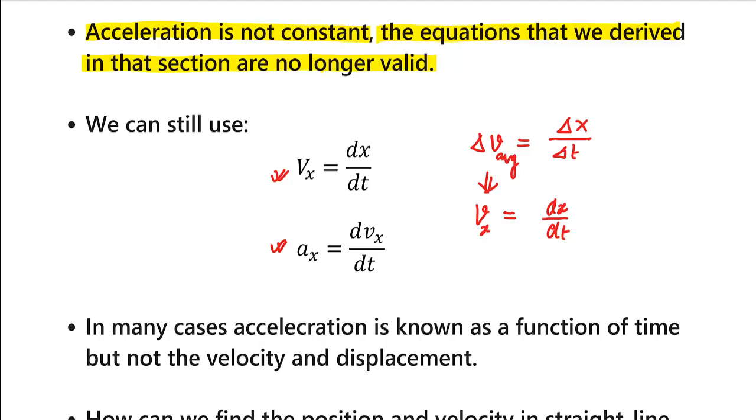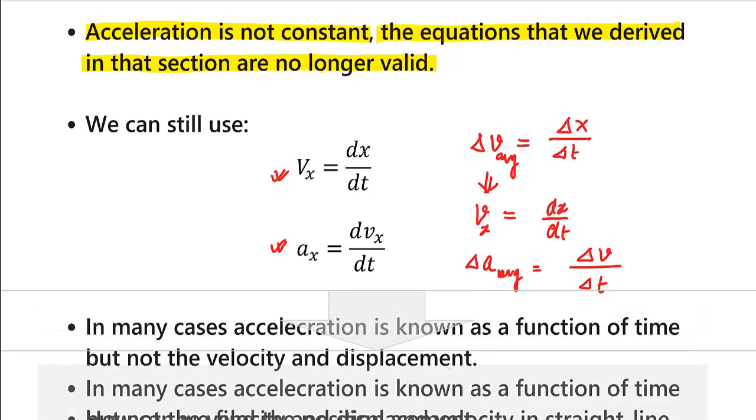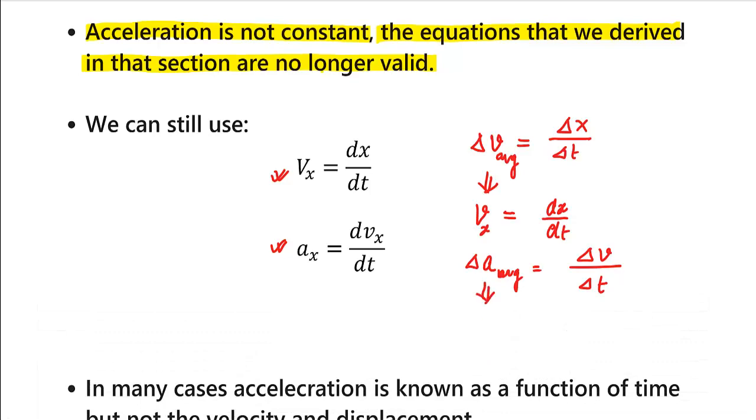Similarly, you can calculate average acceleration, which is equal to change in velocity divided by change in time. If you take the limit delta t tends to 0, then this average becomes instantaneous, and this becomes simply dv by dt.